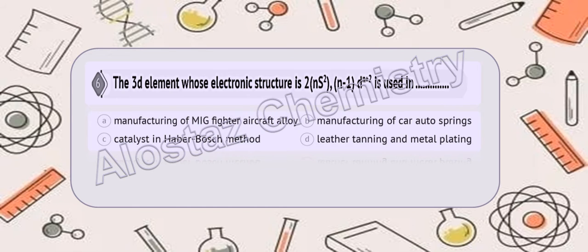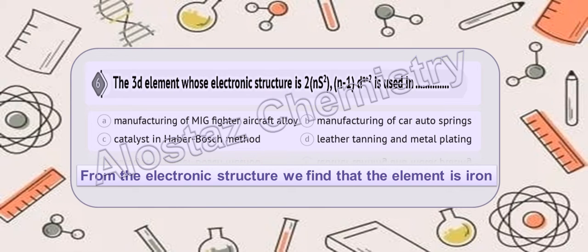The first one, manufacturing the MiG fighter aircraft alloy, manufacturing of car auto springs, catalyst in Haber-Bosch method, and the leather tanning and metal plating. Okay, to find the right answer here, please try to calculate it from the electronic structure.